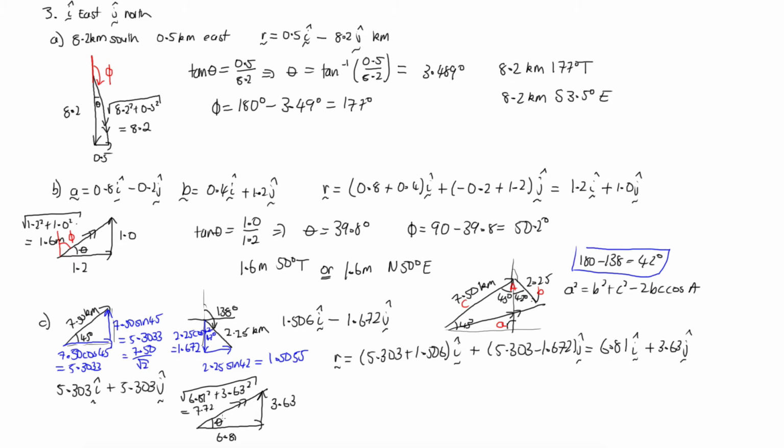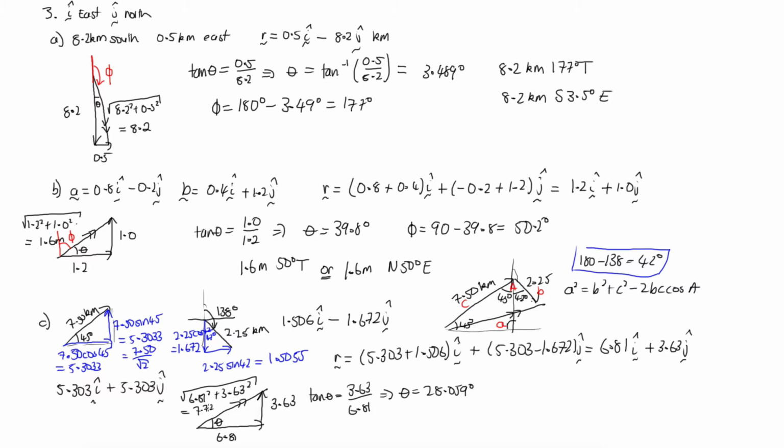And then we'll want this angle in here. So we've got tan theta is equal to the opposite, which is 3.63, over the adjacent, which is 6.81, which solving gives us theta is equal to 28.059 degrees.